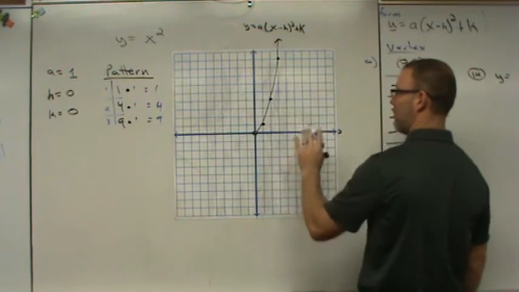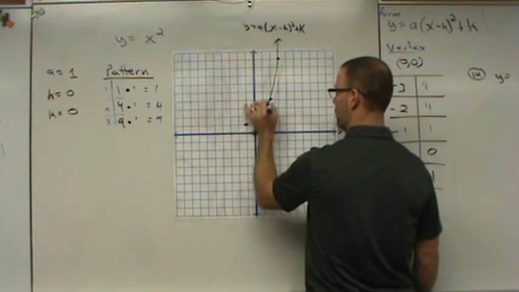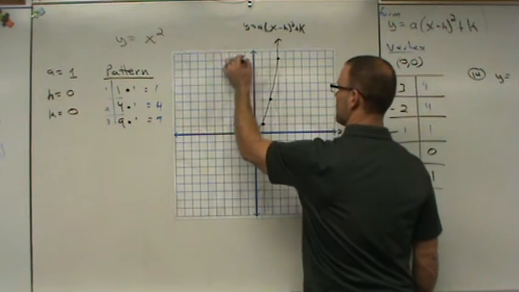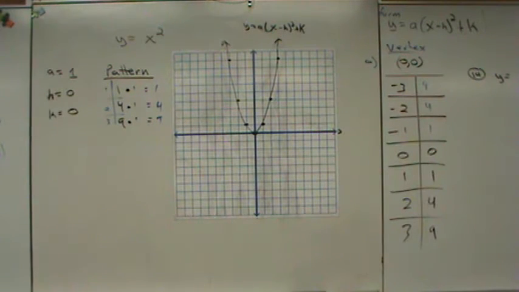Graph that half of my parabola, mirror it over the other way. Over 1 unit, over 2 units, over 3 units. There you go, that easy. There's 13.